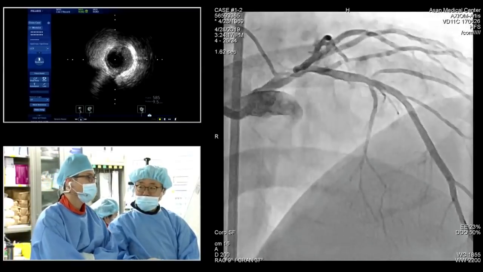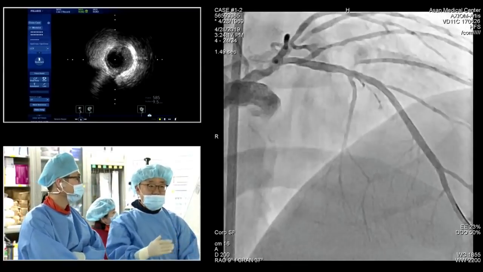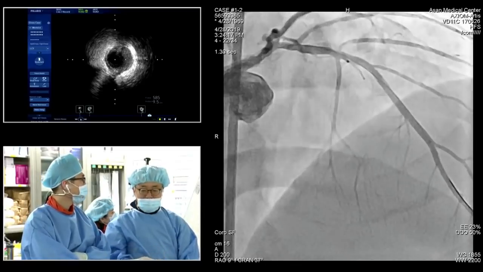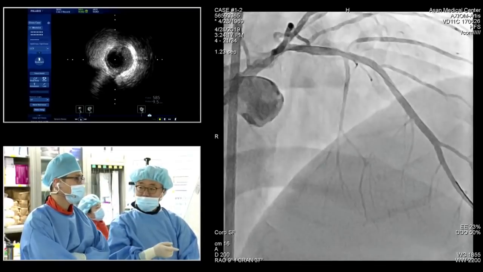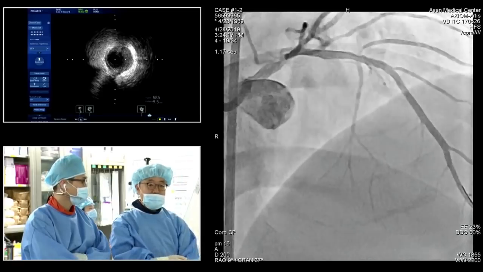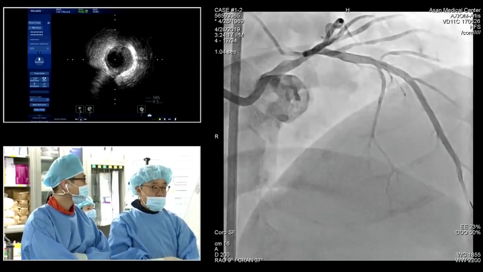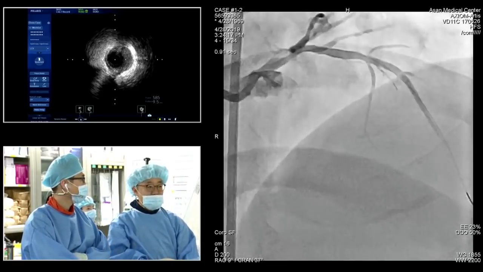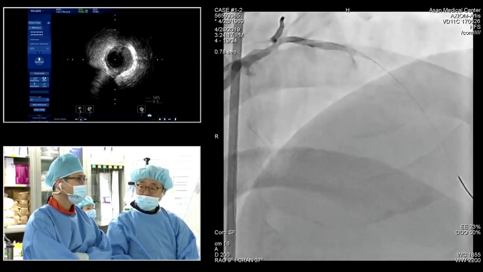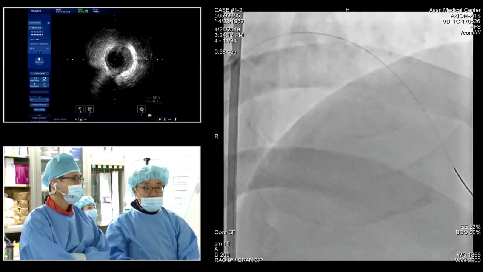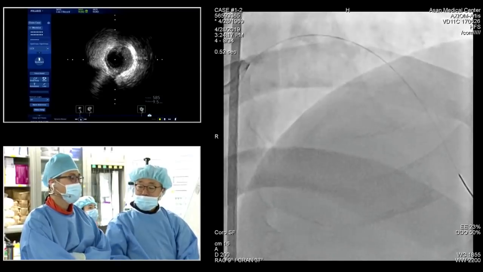So we initially selected the Jung-Min catheter, but passage of the IVUS was difficult, so we immediately changed to the XP guiding catheter. The XP guiding catheter is also good for complex left main PCI. At pre-dilation, we check the IVUS for the SOC.